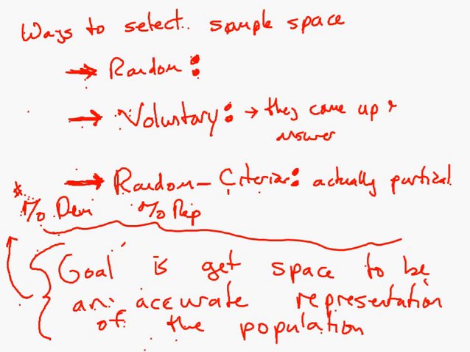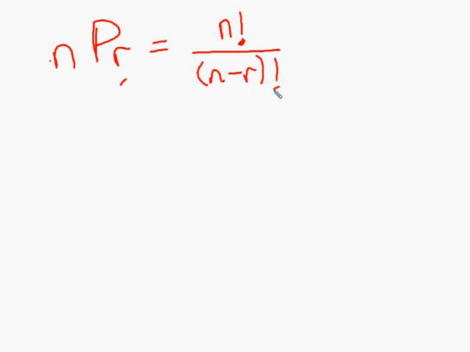A permutation is written like this, nPr, which is n factorial over n minus r factorial.